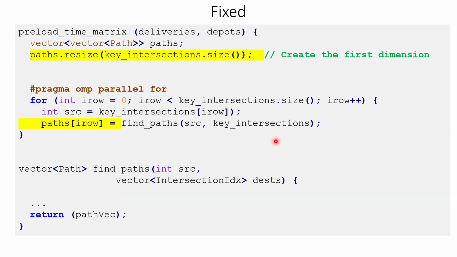How to fix it? We want to first resize the paths to have the size that we want, and we have a fixed index to save the path into, so that different threads will not save to the same address.